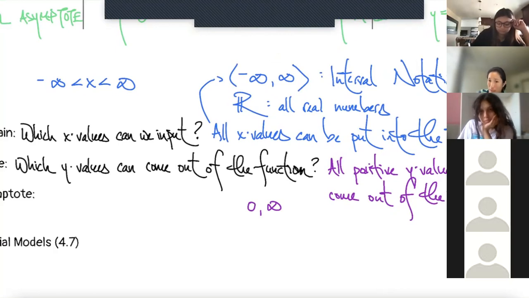So since we're not including 0, we want to use a parentheses here. Parentheses means does not include, but a bracket means include. All right, so I'll show you what I mean by that.